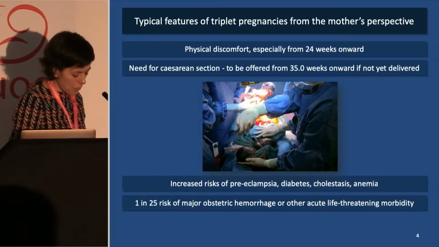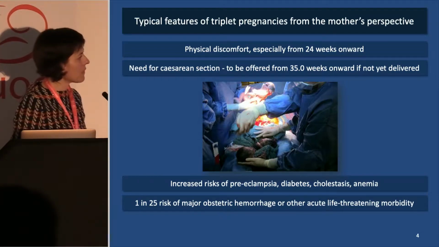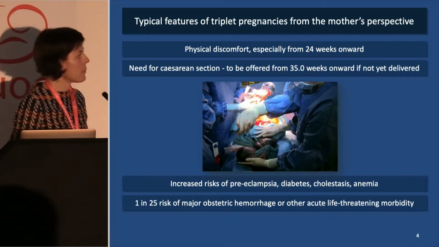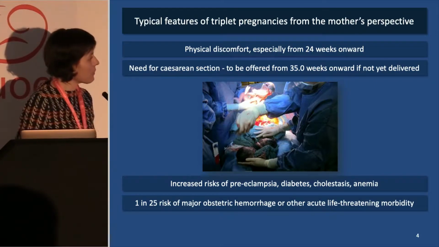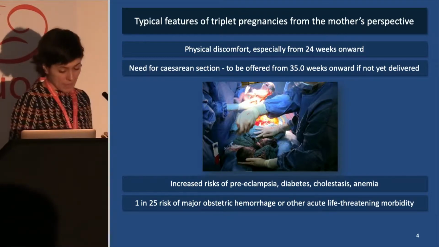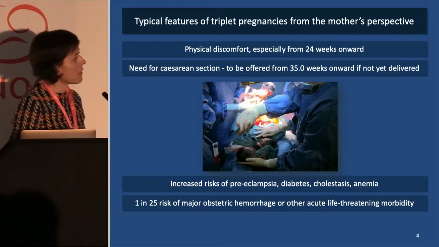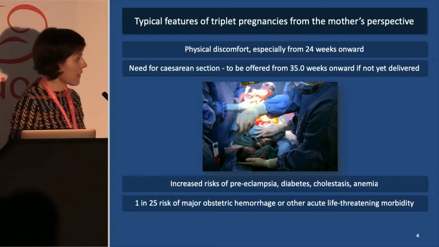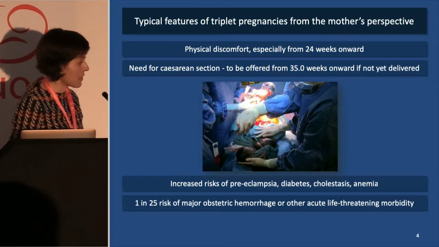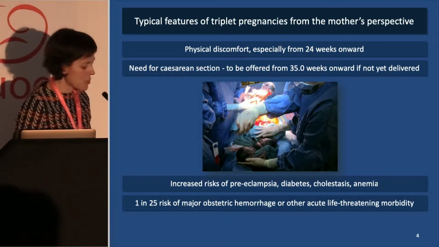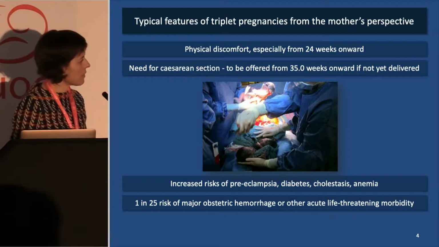And then something that is often overlooked, but I think is also very important, is that there's an increased risk of major complications around birth in the mother. 1 in 25 triplet deliveries will result in major obstetric hemorrhage, which is defined by the need of more than 4 units of packed cells, or intensive care unit admission, or peripartum hysterectomy, or embolization, and other life-threatening morbidity like uterine rupture, ICU admission, eclampsia.